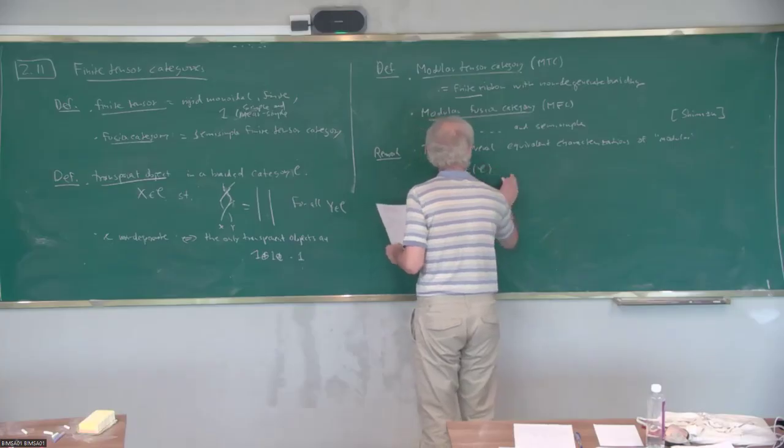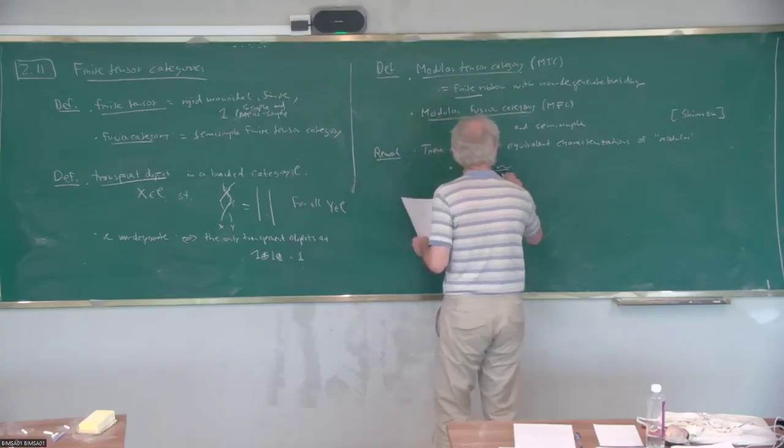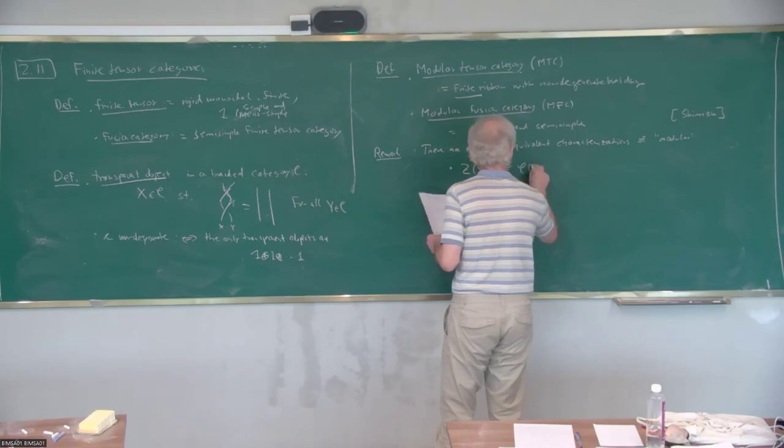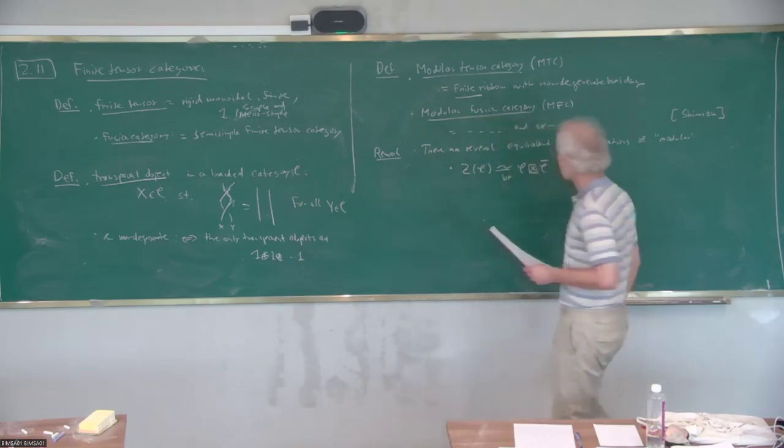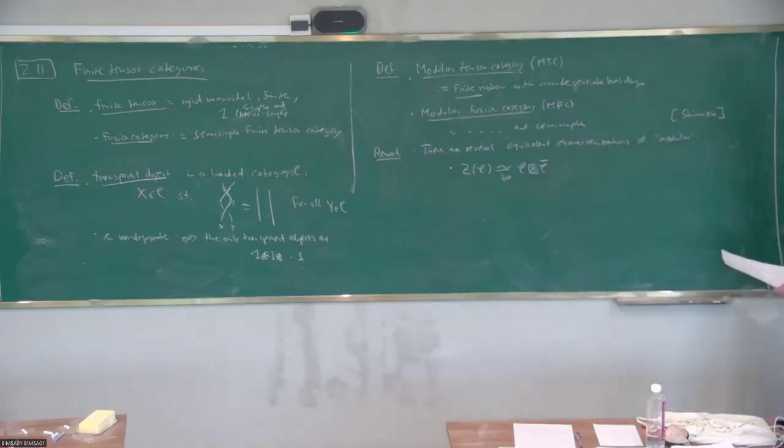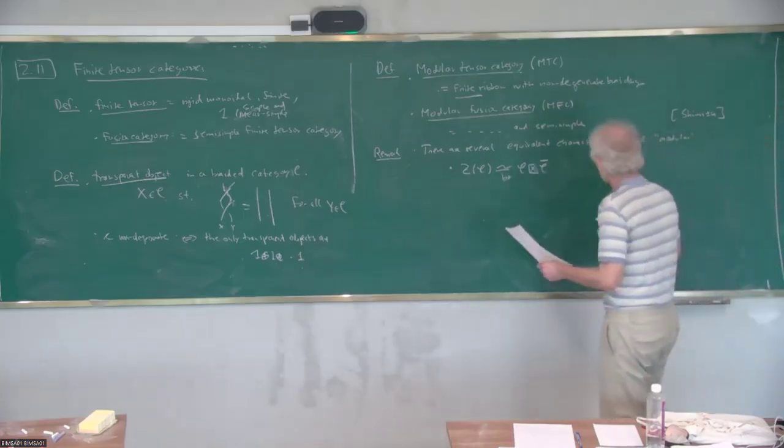First is that, as I wrote before, we have this braided equivalence between the center and this Deligne product.